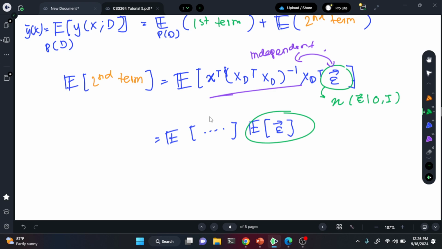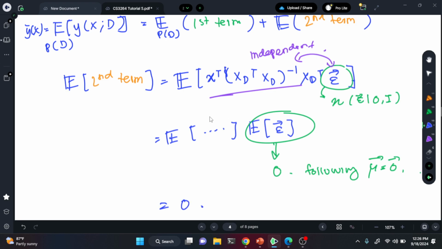So this part falls down to 0, following the mean of the Gaussian, which is basically 0. Since our epsilon itself follows a Gaussian distribution of 0, 1, we can say that the mean is 0, so the expectation of epsilon is 0. Anything multiplied by 0 falls down to 0.